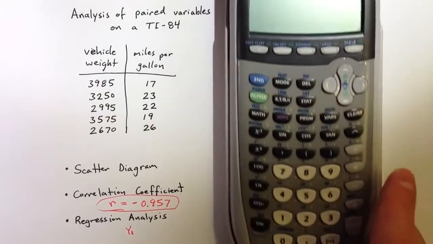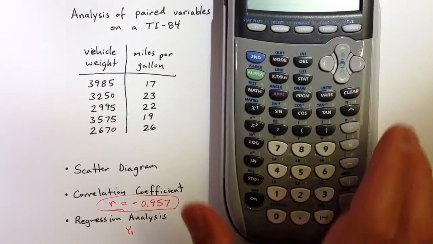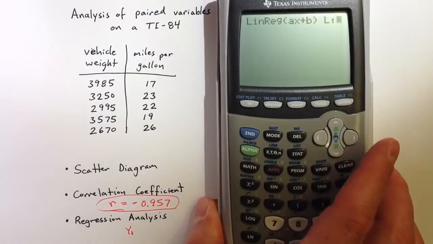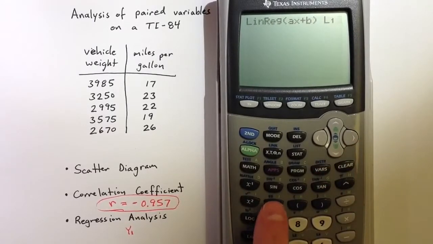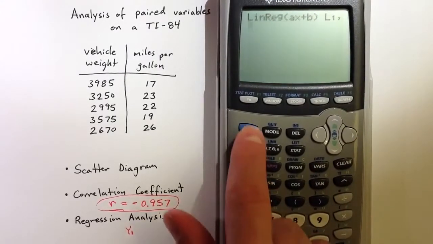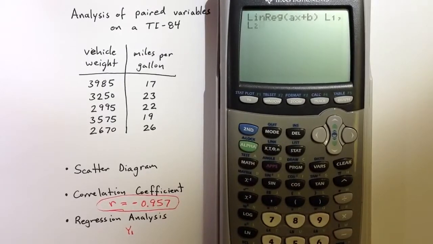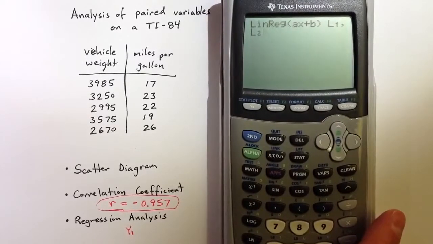List 1, of course, is above the 1 key, the second command above 1. And then choose a comma, which is above 7. And list 2, so that it will read data from list 1 and list 2, and we could stop there, and in fact those would actually be the defaults, so we wouldn't even need to enter them.